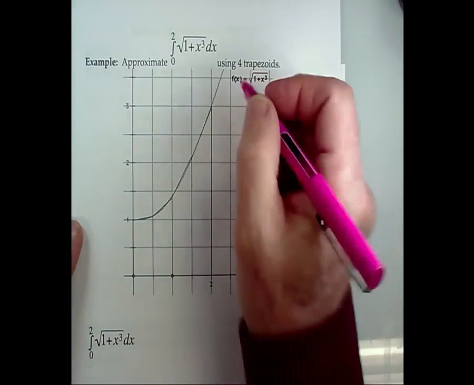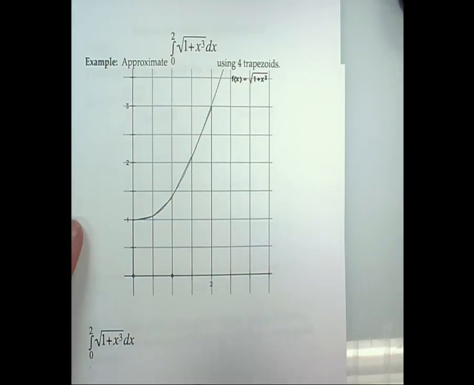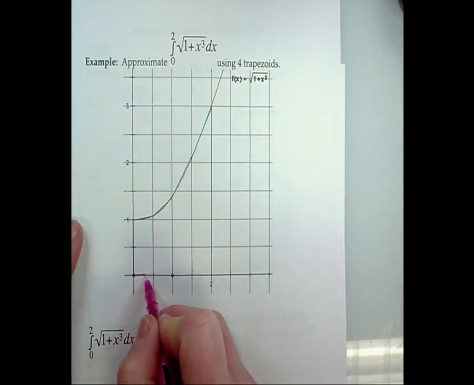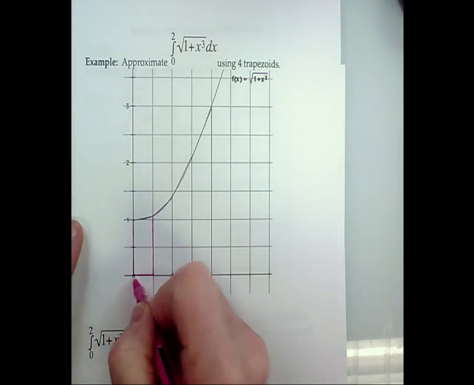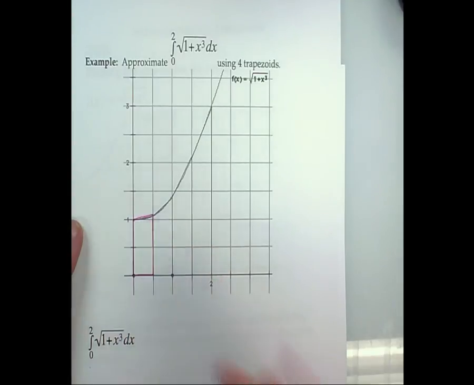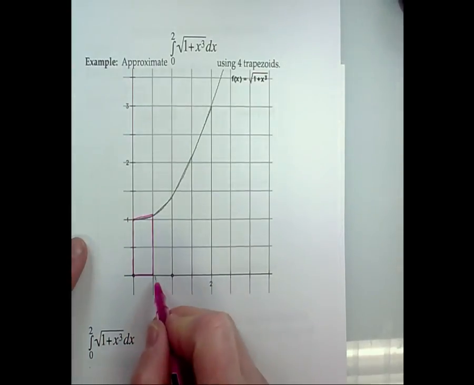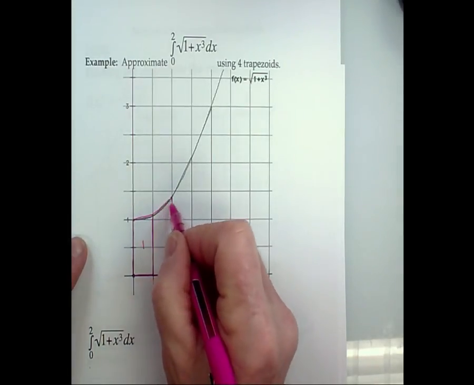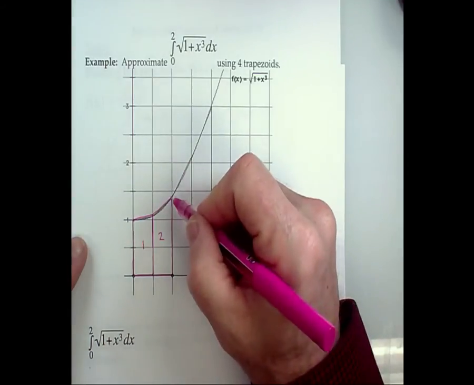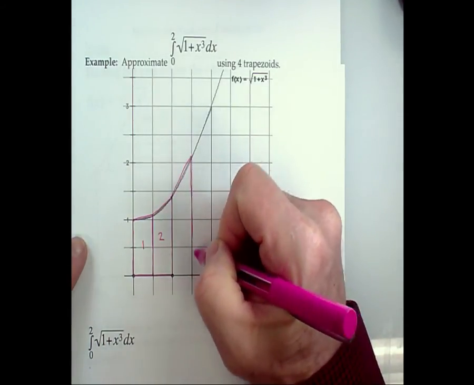So what I've had is, I said, okay, we're going to use 4 trapezoids. So here's the first trapezoid right here. I'm going to call it trapezoid number 1. Here's trapezoid number 2. Here's trapezoid number 3.